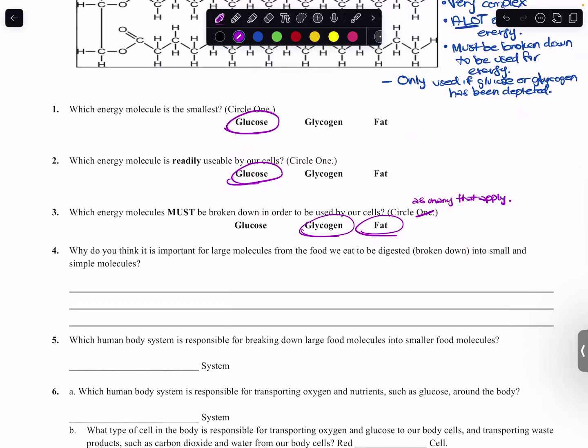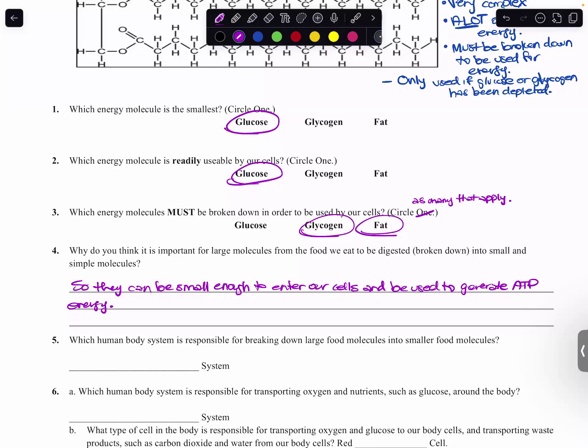Now, number four says, why do you think it is important for large molecules from the food we eat to be digested, broken down into small and simple molecules, much like glucose is? And we know that it's so they can be small enough to enter our cells and be used to generate ATP energy.